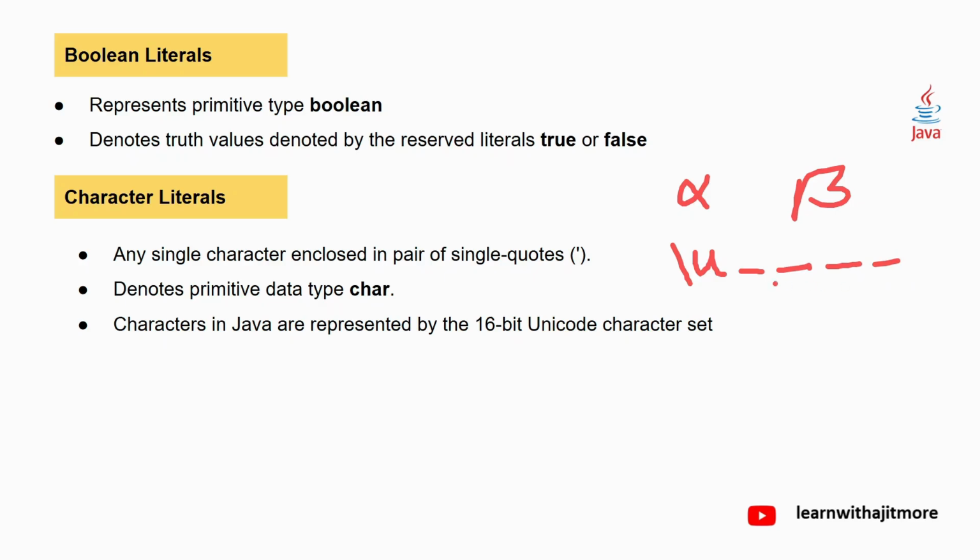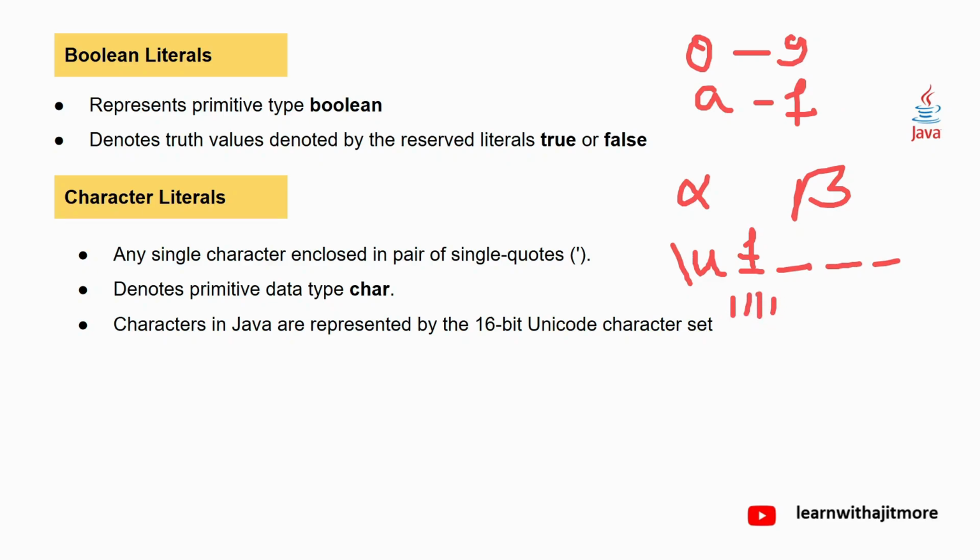Now, why 4 digits only? Because one hexadecimal digit's last value is F. I hope you know hexadecimal values range from 0 to 9 and A to F. So the last hexadecimal digit is F, F means 15, and 15 in binary is 1, 1, 1, 1.